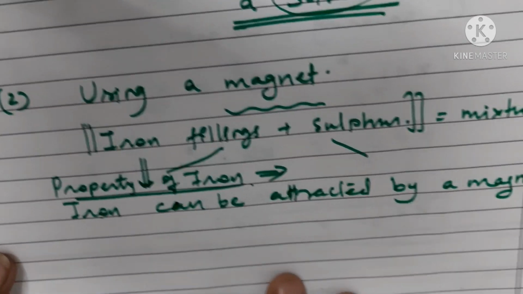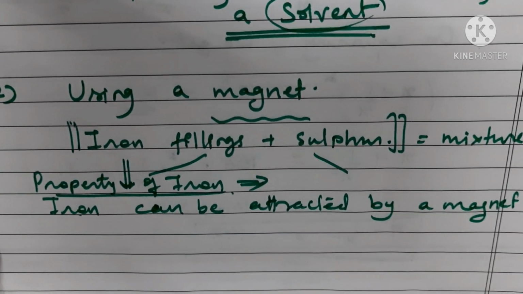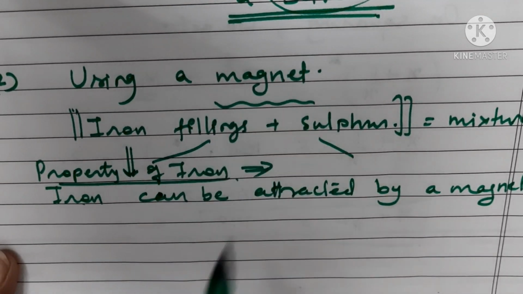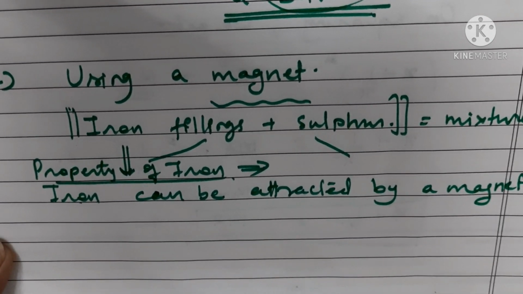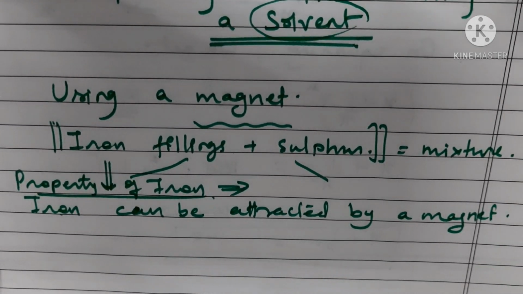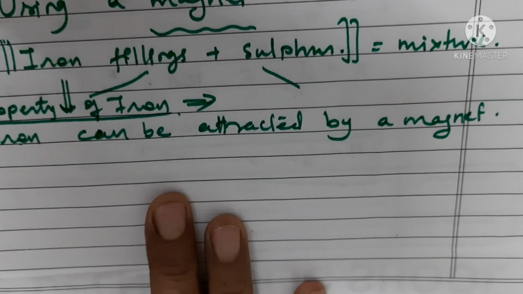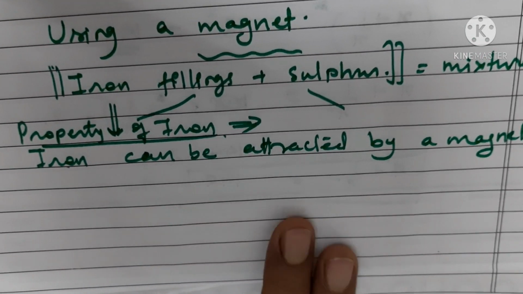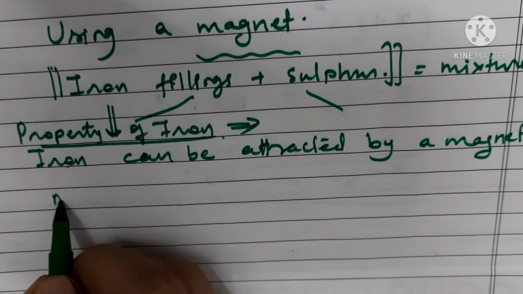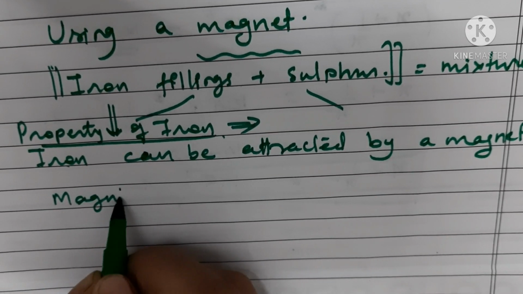We can attract iron. If you are going to take the magnet and if you are going to bring it near to the iron, definitely iron is going to be attracted by the magnet. So this property will be used here, and we are going to use magnet.